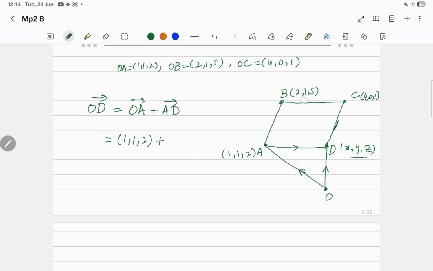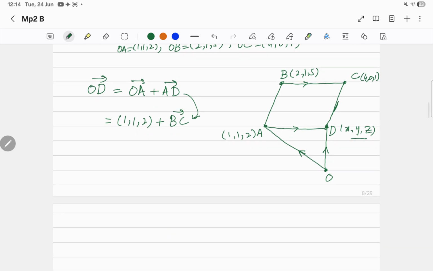But the good thing is AD is parallel to BC, so we can replace AD with BC, and BC we can write as OC minus OB, the difference of the position vectors.